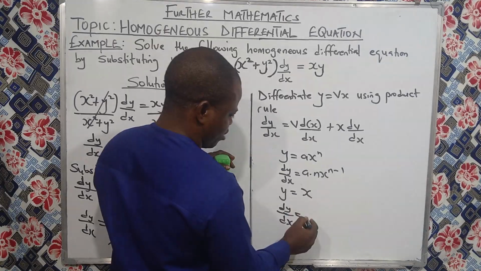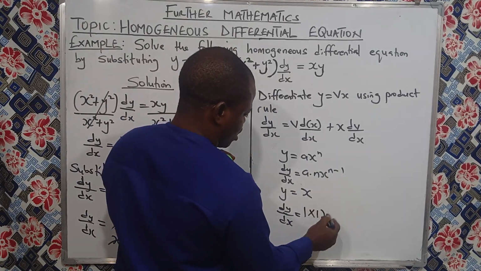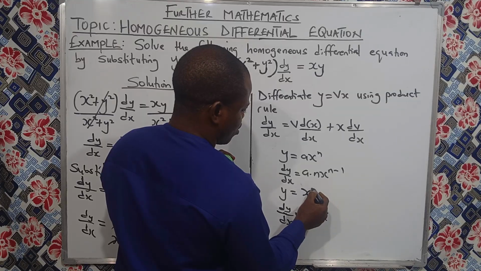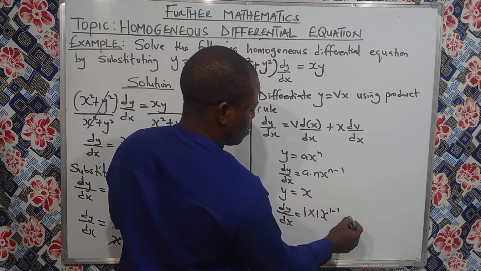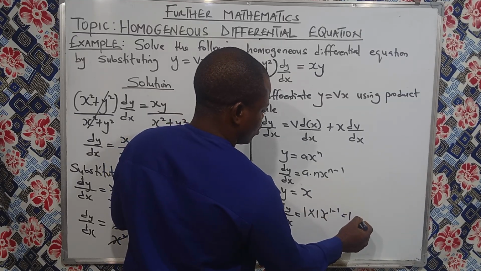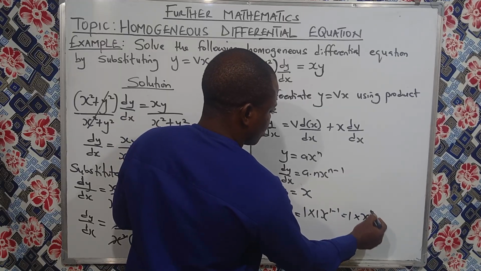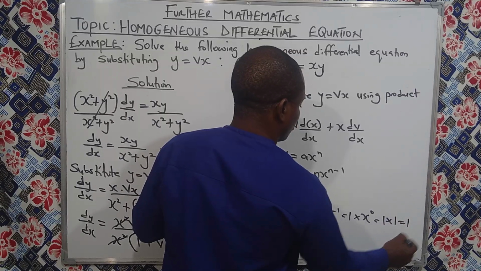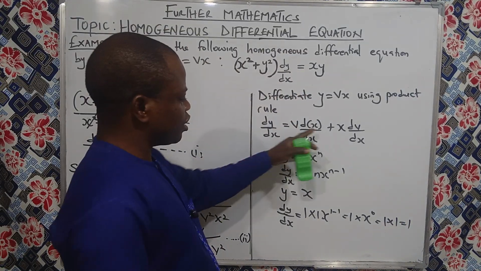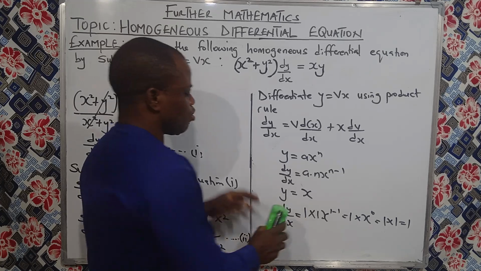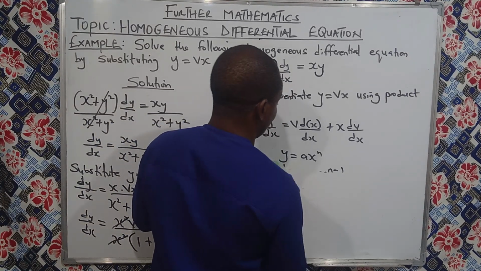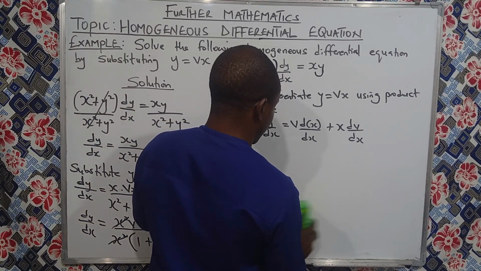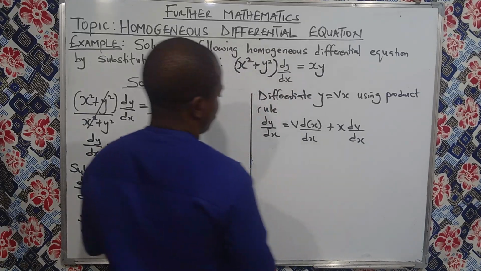Don't forget that we have 1 here before. 1 times 1 times x raised to power 1 minus 1. You have 1 times 1, which is 1, times x raised to power 0. Anything raised to power 0 is 1. That's 1 times 1 equals 1. You see now that when you differentiate x, you have 1.